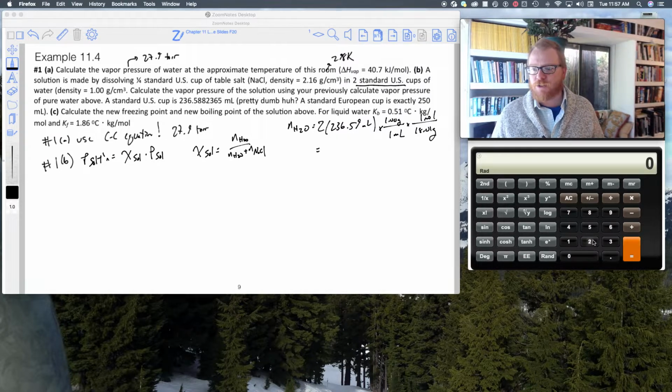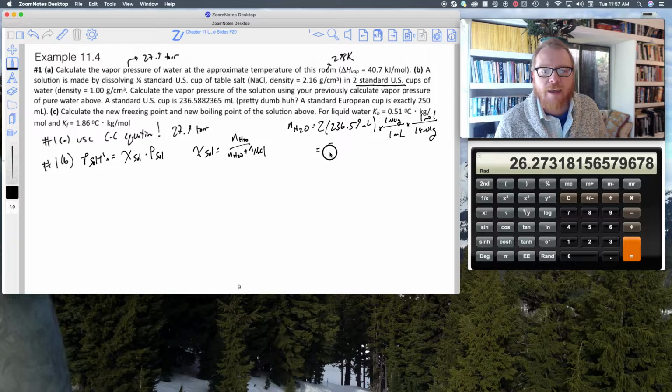So that's going to be 2 times 236.59 equals, and then times 1 gives me the same number, and then divided by 18.01 equals, and I get, let's say, 26.27 moles of water.